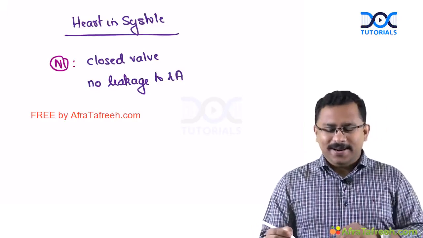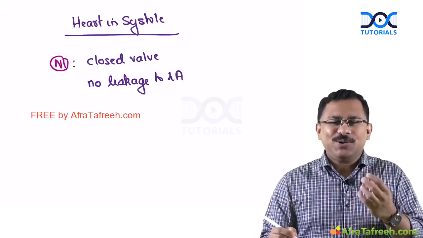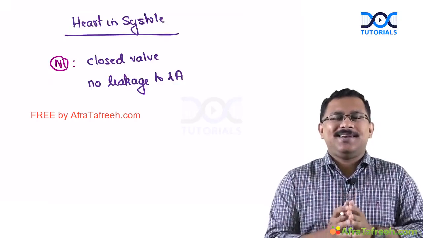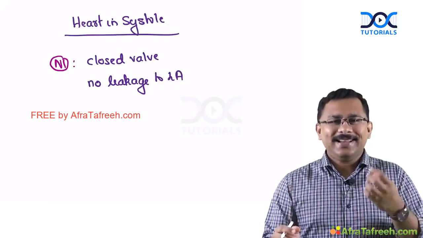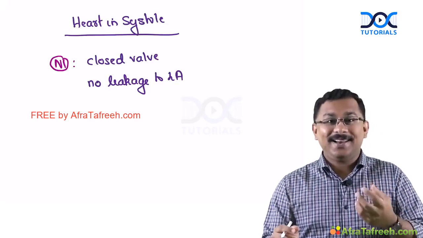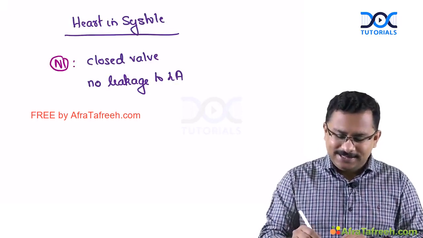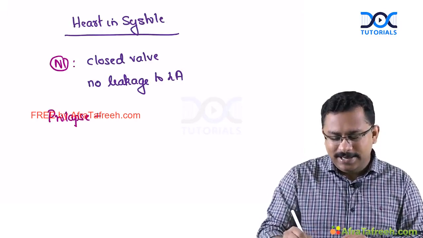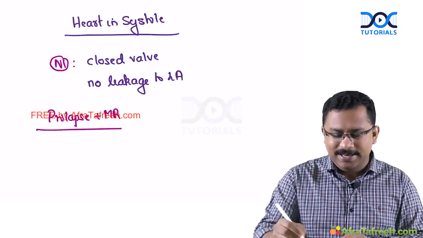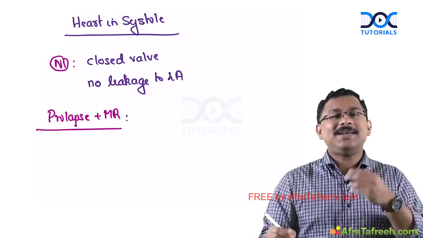But suppose, in a disease stage, there is a prolapse of the mitral leaflet and an associated mitral regurgitation. Just think of a condition where an individual has prolapse and an associated mitral regurgitation. Now what happens here?